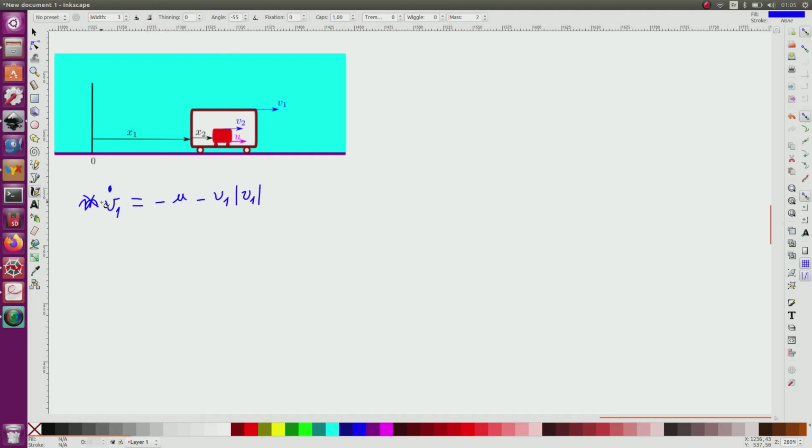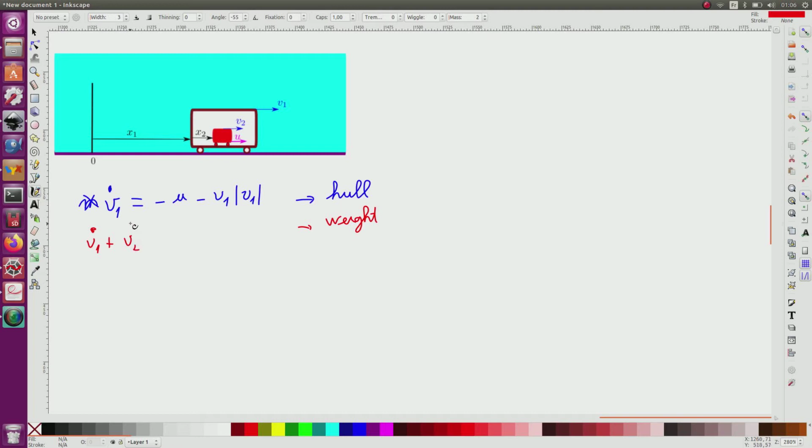Now, for the weight, this is for the hull. Now for the weight, in red. For the weight, the acceleration will be the acceleration of the hull, so this one, plus the acceleration of the weight inside the box.